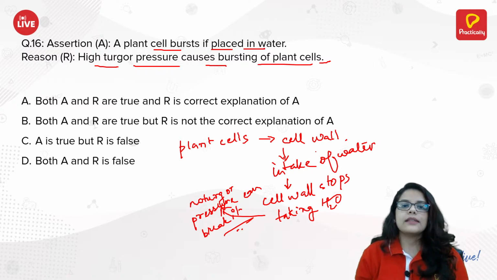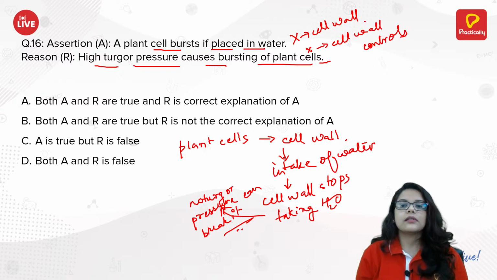Okay, so a plant cell bursts if placed in water? No, because it has a cell wall. High turgor pressure causes bursting of plant cells? That is also no. The cell wall controls water intake.